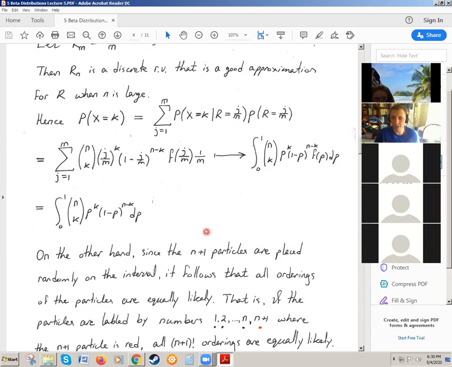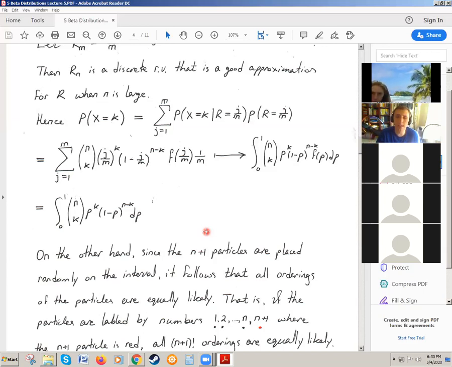This you can solve, correct? Not such a difficult question, I hope. So we have n plus 1 particles. Do you agree with me that every rearrangement of those particles is equally likely, if they are randomly placed on the number line and I read them left to right?